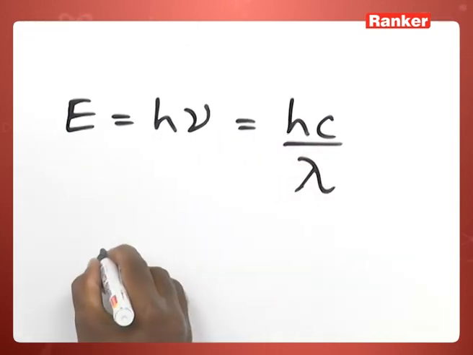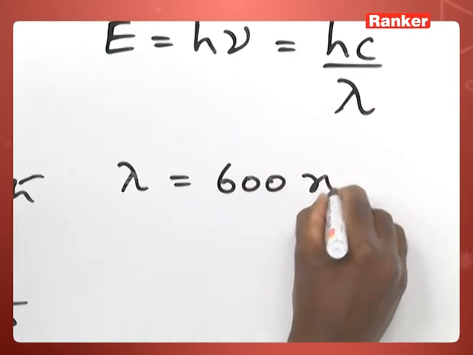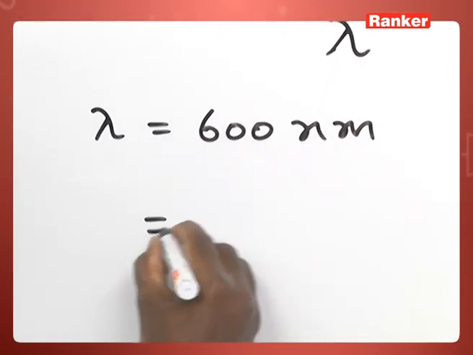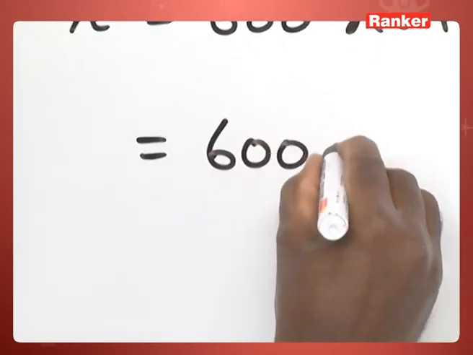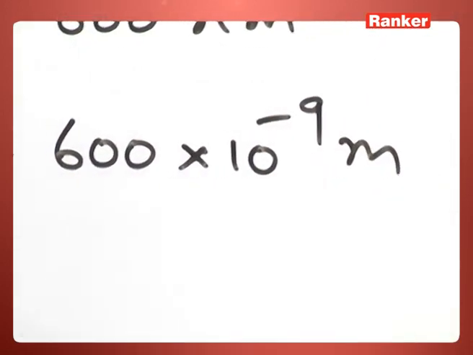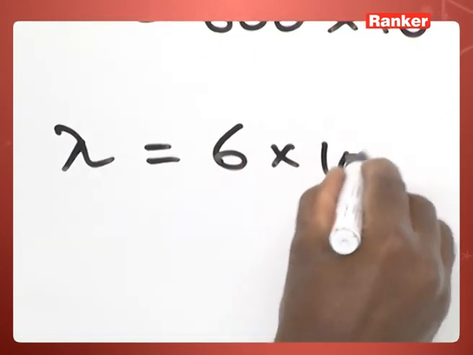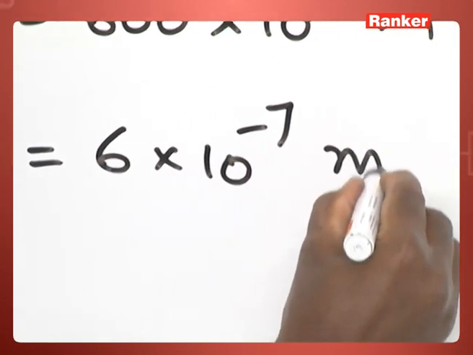We know that lambda is given in the problem as 600 nanometer. Each nanometer is 10 power minus 9 meter. Therefore, the wavelength is 6 into 10 power minus 7 meters.